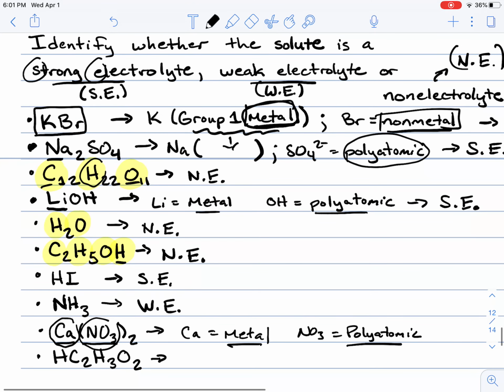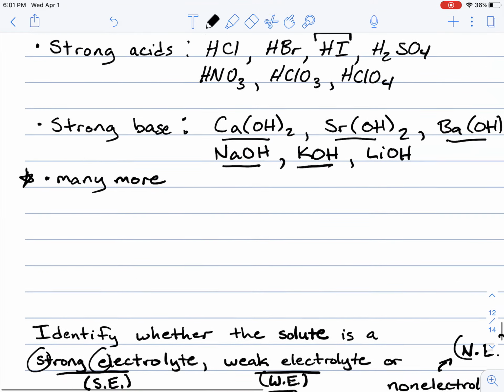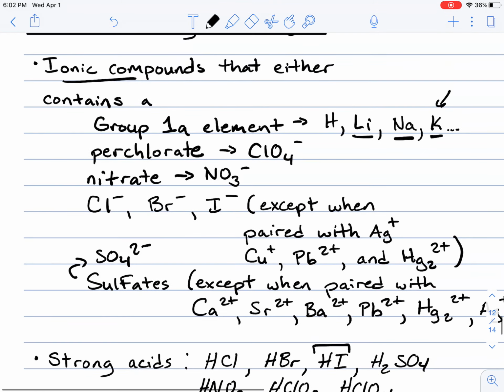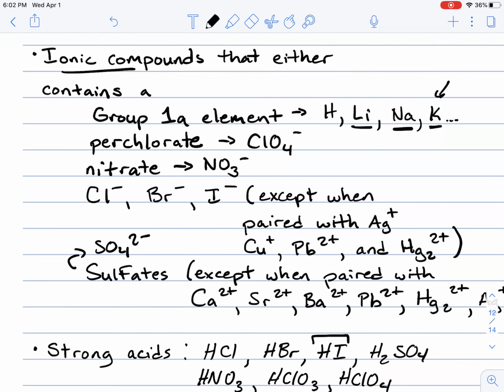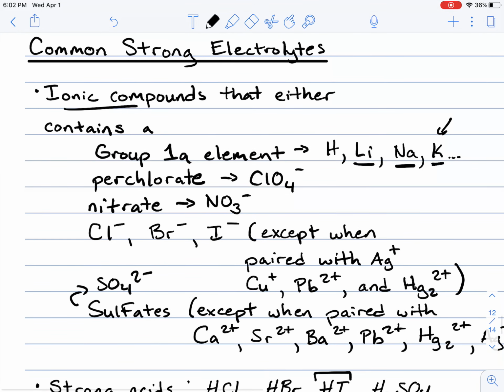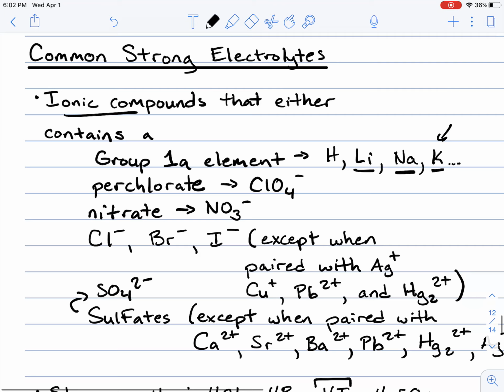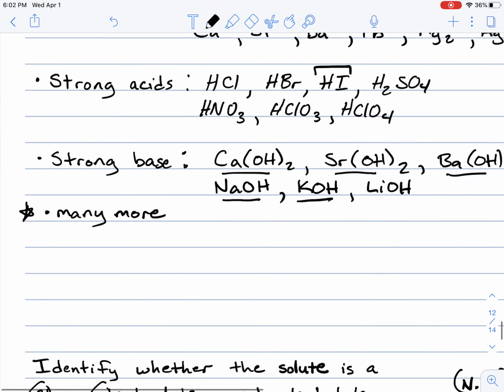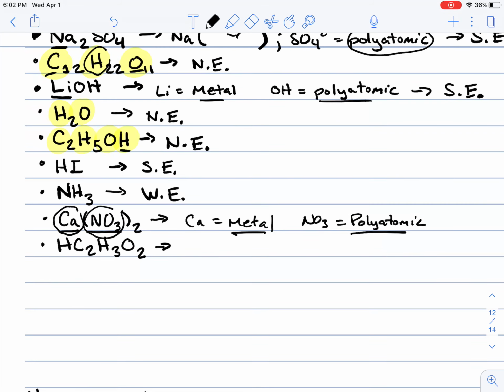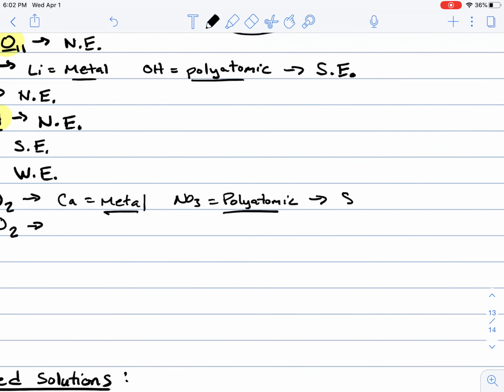What we need to do is identify whether it's a strong electrolyte or a weak electrolyte. Once again, we can look at our list. Since our compound is calcium nitrate, we're going to see if we have nitrates or calciums on this list. It turns out right here, ionic compounds that contain a nitrate are going to be a common strong electrolyte. So we didn't really need to look very far to determine that calcium nitrate is a strong electrolyte.